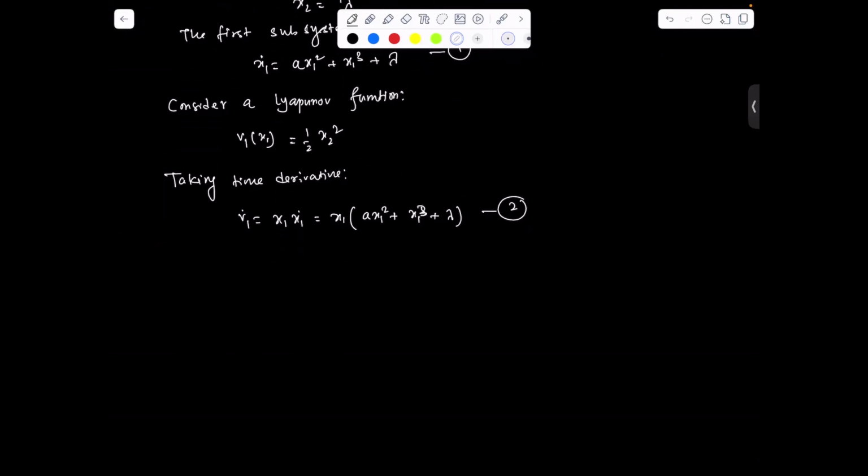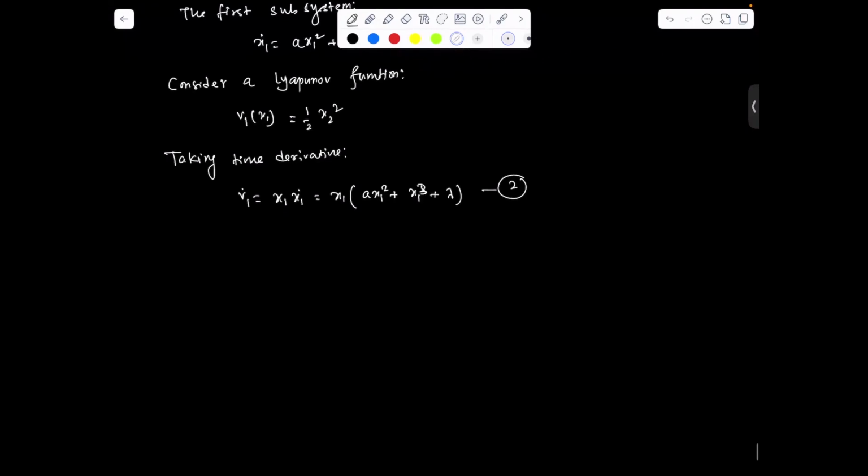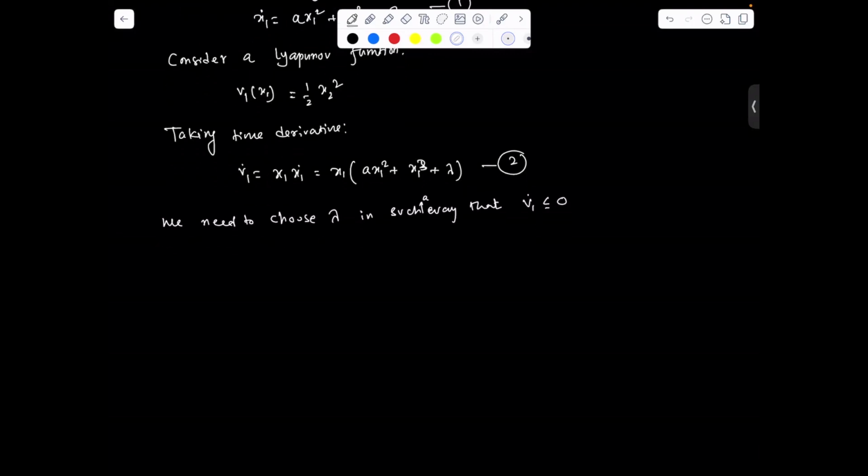Now in this equation, we have to choose lambda in such a way that V1 dot is negative definite, that is, V1 dot less than or equal to 0. So for that, we choose lambda equal to minus k1 x1 minus a x1 square minus x1 cube.